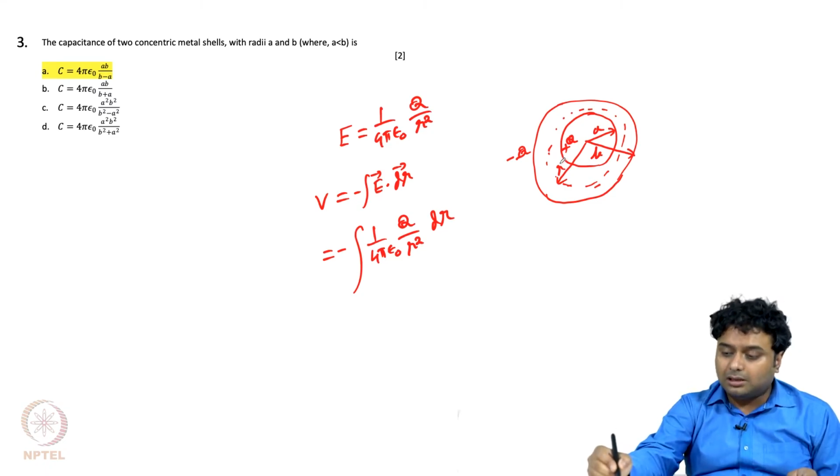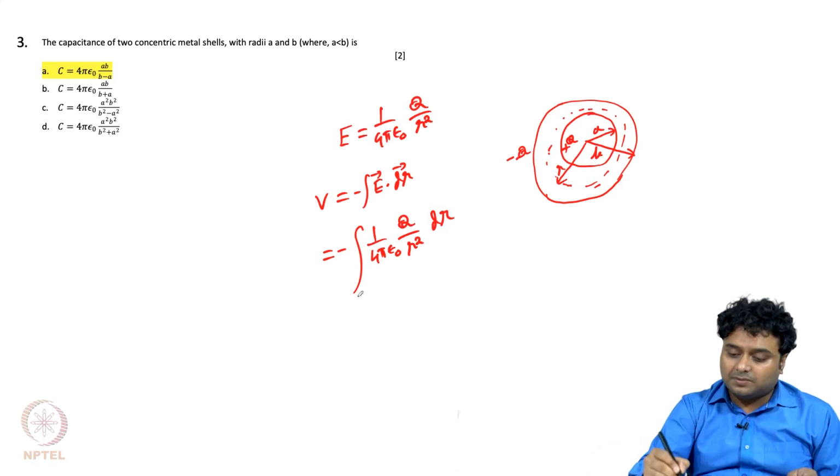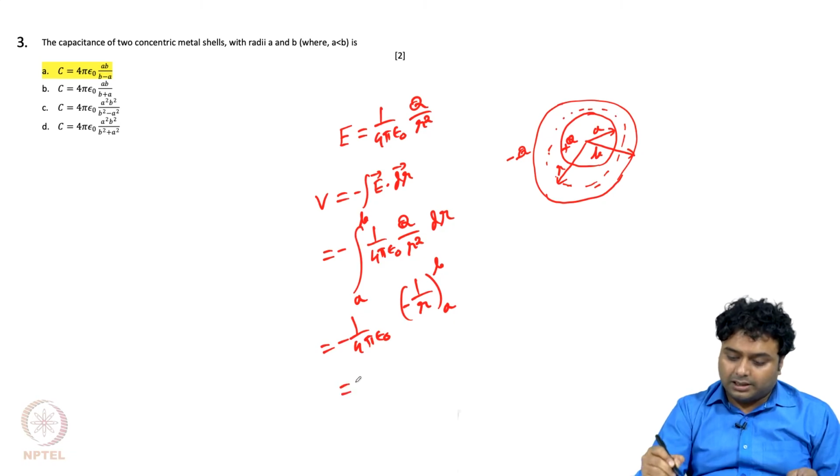The potential generated between the inner sphere and the outer sphere, where the inner sphere radius is A and the outer sphere radius is B. So we take minus of 1 by 4 pi epsilon naught, and 1 by r square becomes minus 1 by r after integration, right, minus 1 by r from A to B. So the negative negative cancel out, then you get, oh there is this q also, so this is q, right.